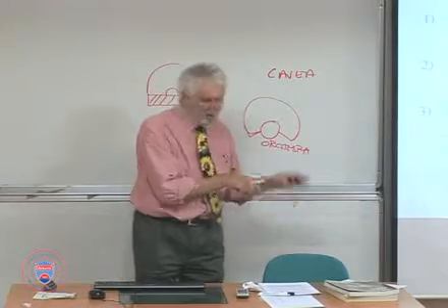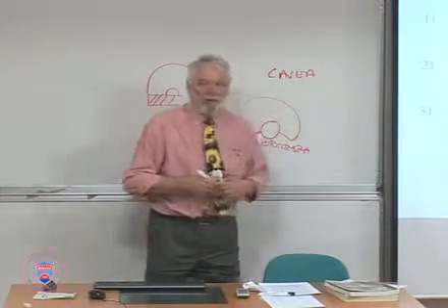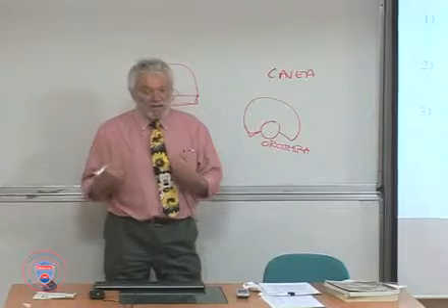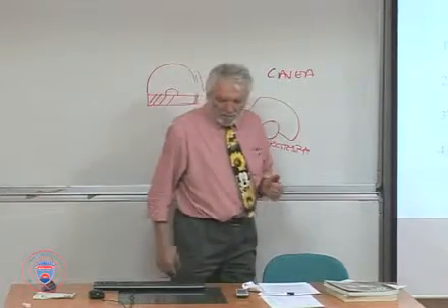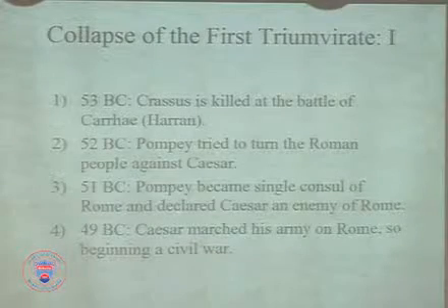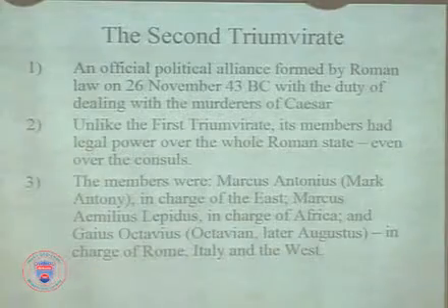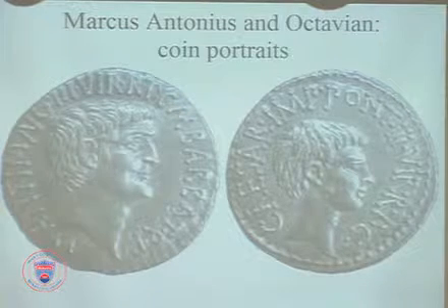So they're related, but he's not actually directly related to Caesar. But he claims, and everybody accepts his claim, that he was adopted by Caesar. The triumvirate manages to deal with the murderers of Caesar quite quickly.